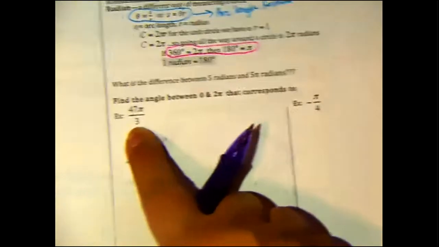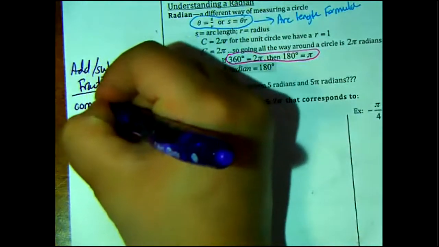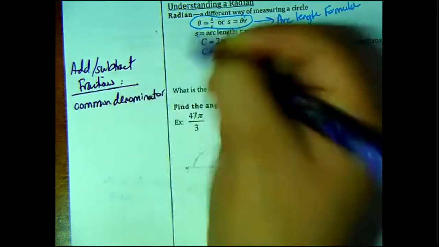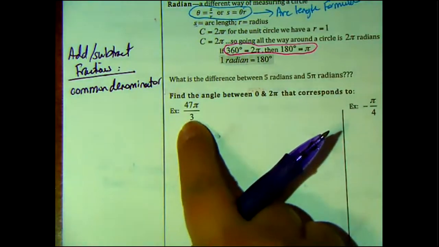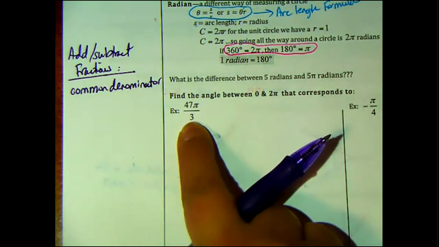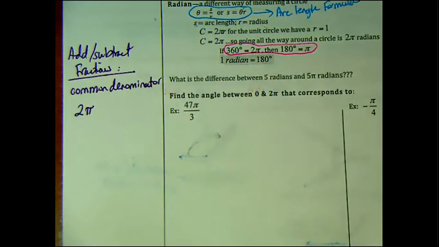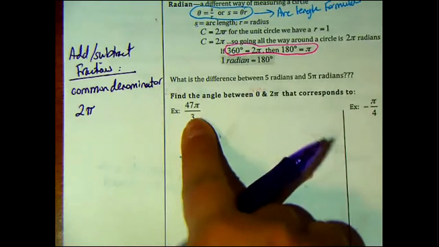But if you remember, when we add or subtract fractions, we have to have a common denominator. So if I am subtracting from a fraction with a denominator of 3, that means I need to take 2 pi and turn it into an equivalent fraction that has a common denominator of 3.